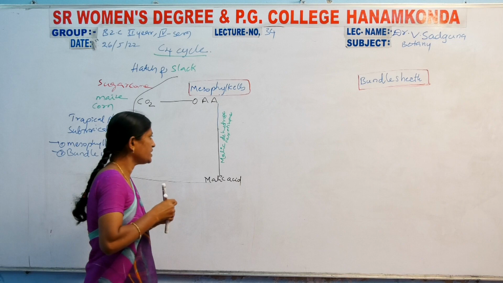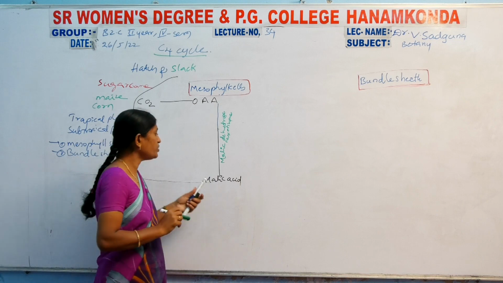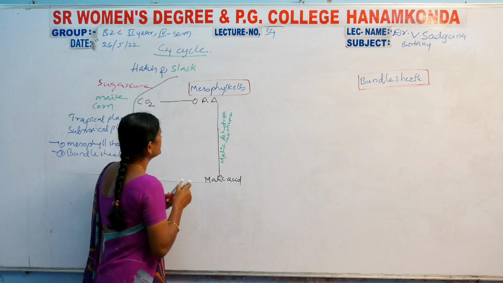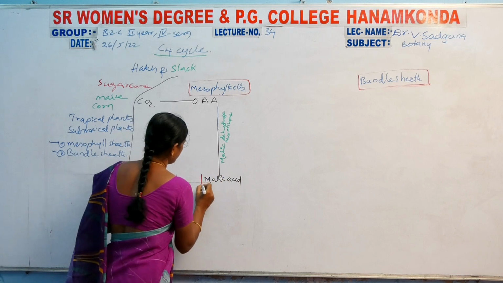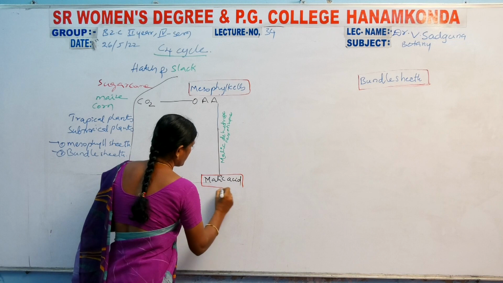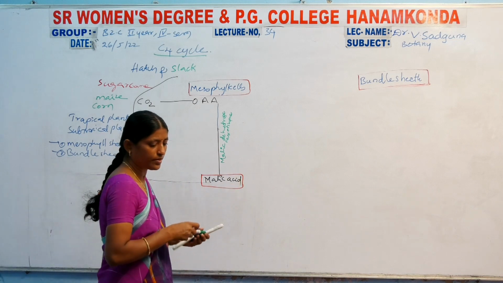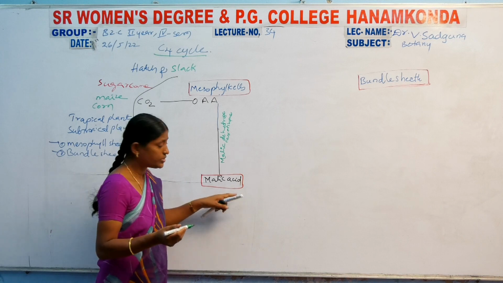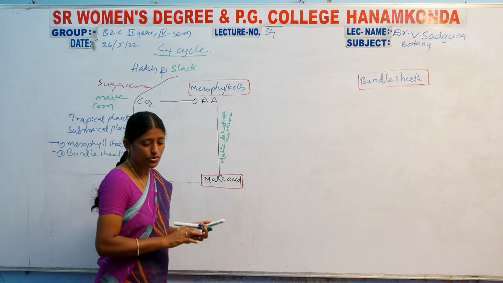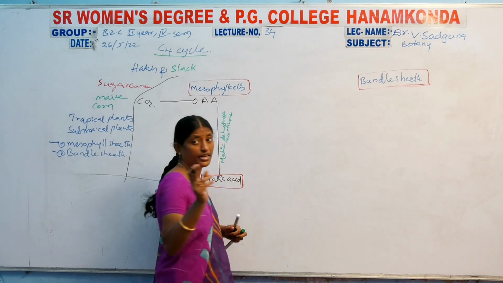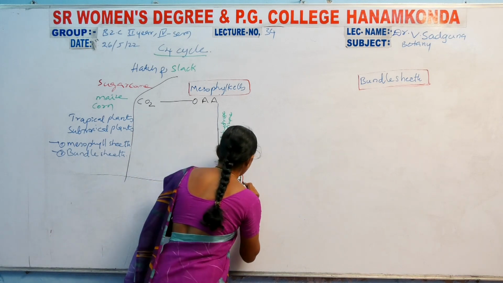Malic dehydrogenase enzyme. So here it is complete, then the malic acid. When the malic acid is used, it is also inserted into the bundle sheath. Then it is 2 moles of the malic acid.